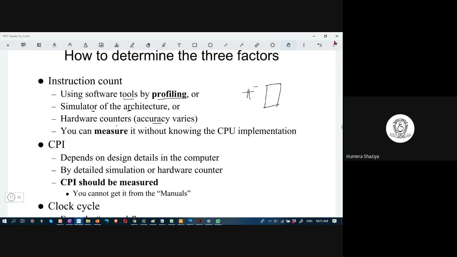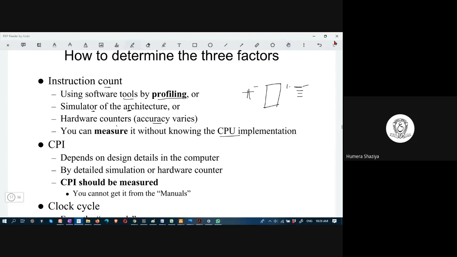You can measure it without knowing the CPU implementation. How can this instruction count be measured without knowing the CPU implementation? This can be done again through modeling. If there is a program that has got a few instructions, those instructions could be measured in hardware, how many they would get translated into.